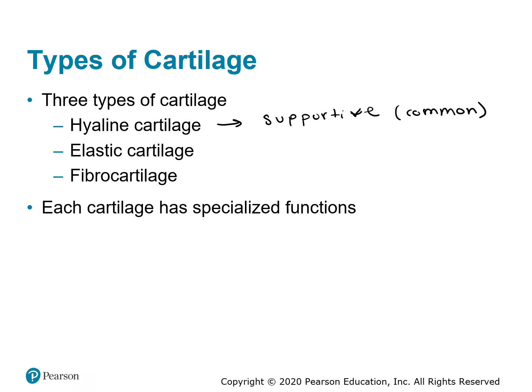Okay. Elastic cartilage, its main job is to maintain structure. Lots of flexibility. Super, super flexy. Okay. And then fibrocartilage is going to be your stiffest type of cartilage. So it is going to be the least flexible, but it will be the most absorptive.